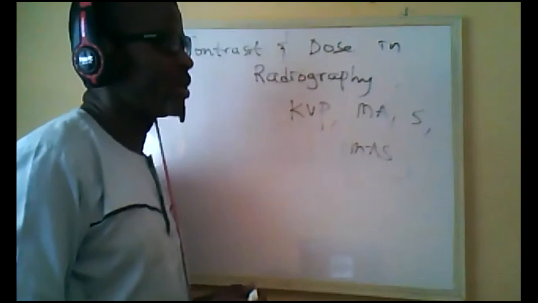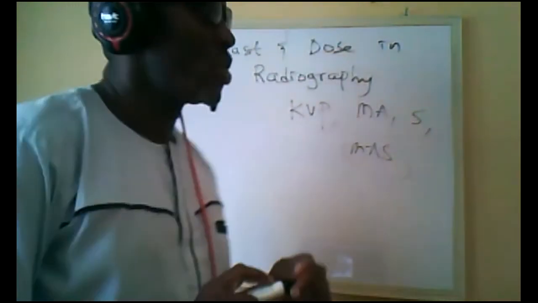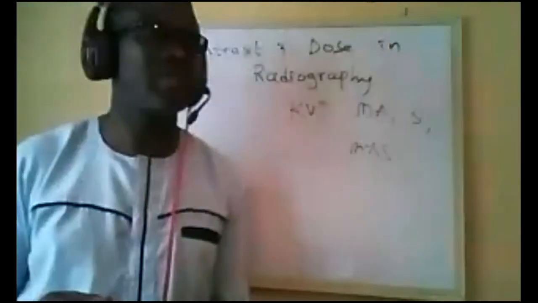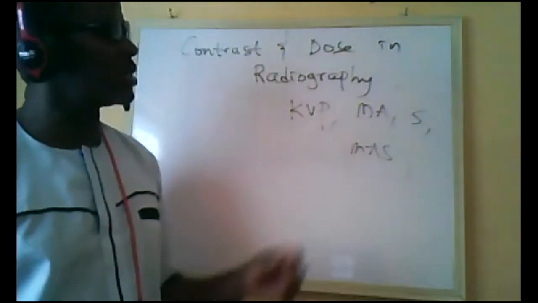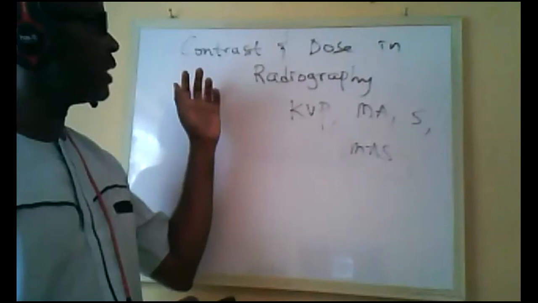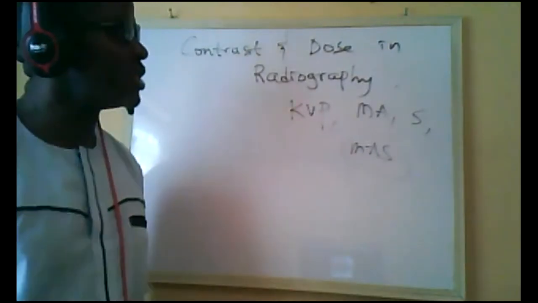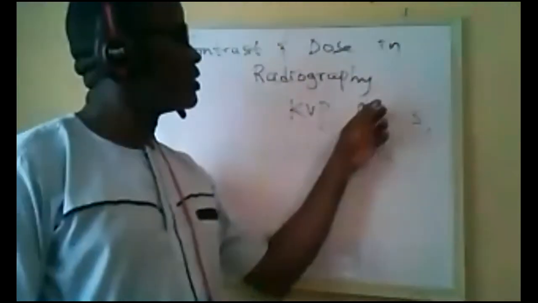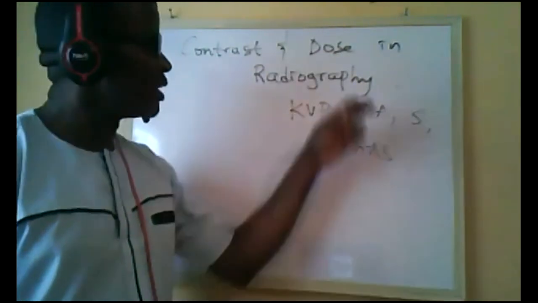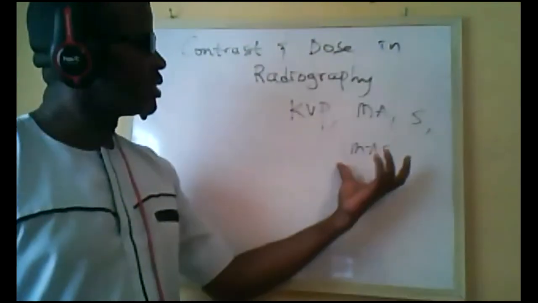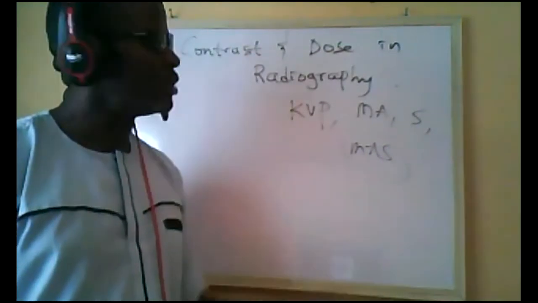These are the parameters that are controlled at the operator console, and all these go a long way. They determine the contrast and the dose in a radiograph. If you increase MA, you're going to have an increase in dose. You increase MAS, you're going to have an increase in dose.